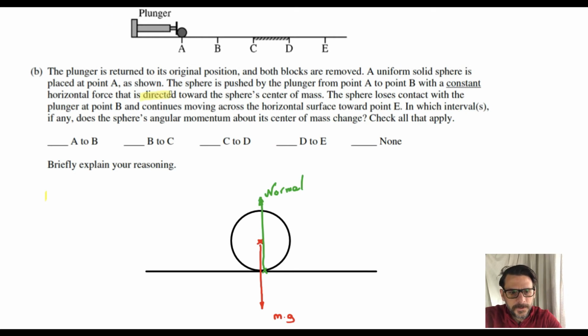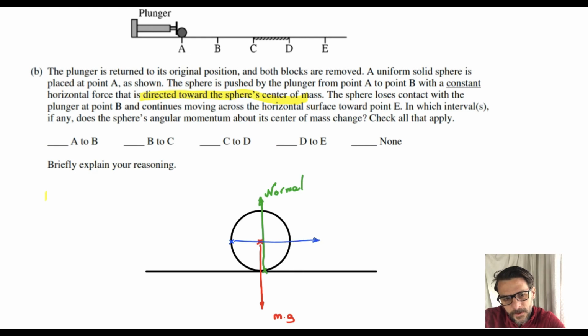Now, the pushing force, which only acts from A to B, we were told is directed towards the sphere's center of mass. How's that? Well, it goes like this. It should be acting along this point, at the left side of the sphere, acting horizontally, passing through the center of mass.